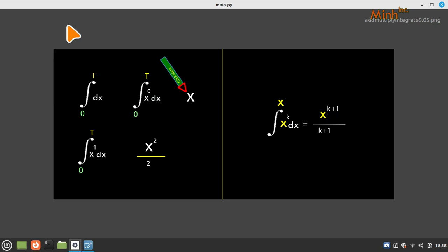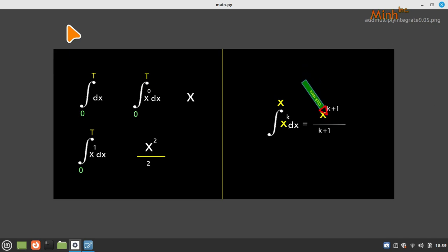Rectangle in the sense that x into a constant. Now the constant is 1, so only x, and here x square by 2. So now with this we come to a conclusion that if it is x to the power k dx, then it is x to the power k plus 1 by k plus 1.